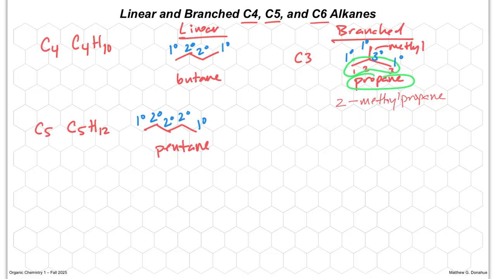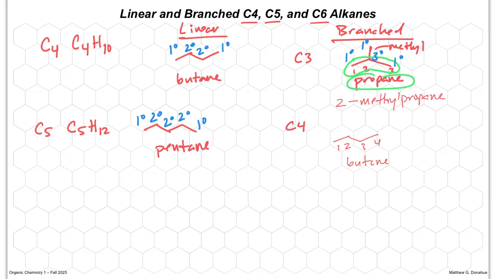So for the C5, when we go to the branched, now we have to start with a butane derivative. So butane is the longest chain. It's now the parent.